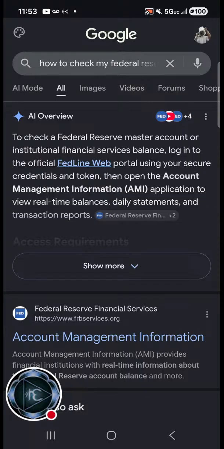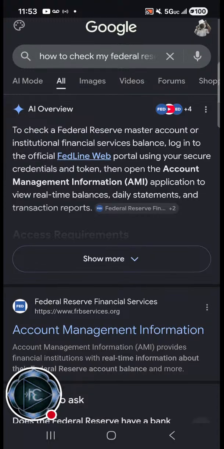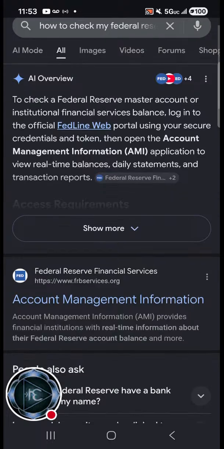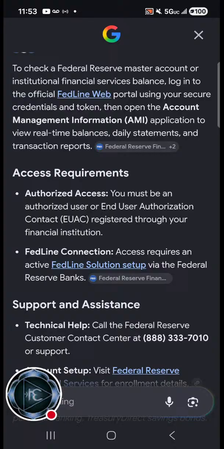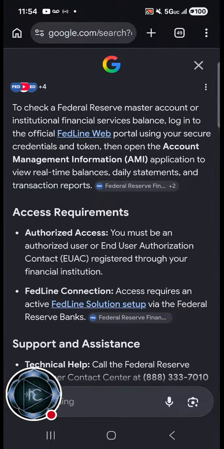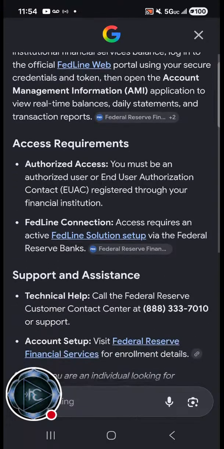Log into the official FedLine web portal using your secure credentials and token. Then open the account management information application to view real-time balances, daily statements, and transaction reports. Okay? Now, if you don't have that, how would you have a Federal Reserve account? It's talking about master accounts.